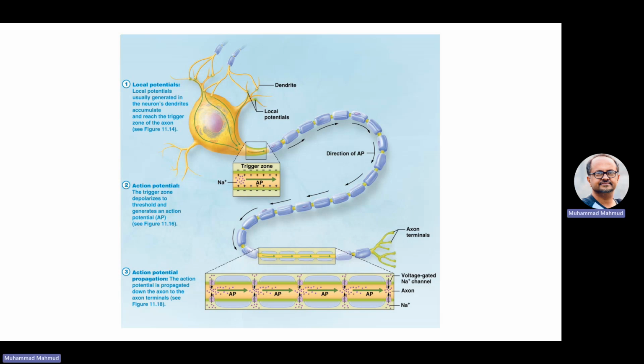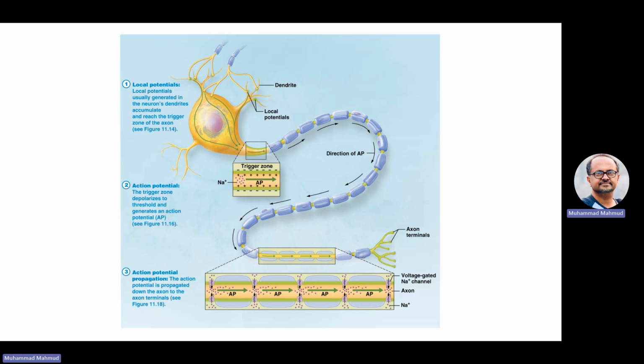So this is our last slide for this lecture. Just before we finish, to summarize: the local potentials, usually generated in the neuron's dendrite, accumulate and reach the trigger zone of the axon. This is the trigger zone you see here.